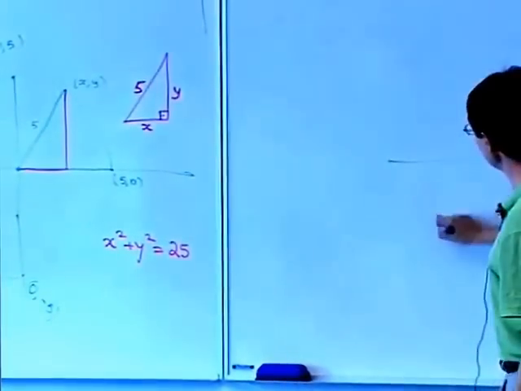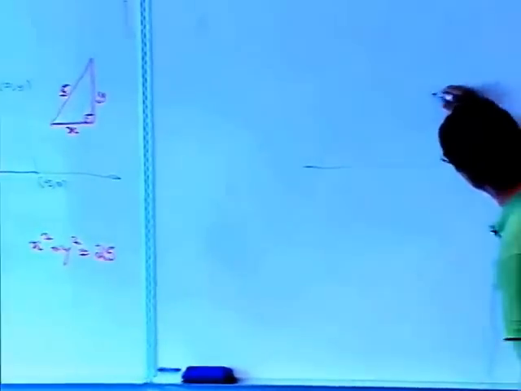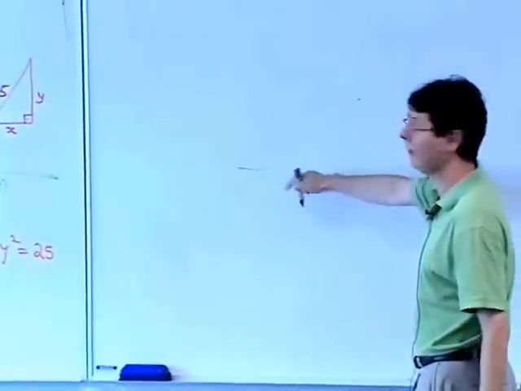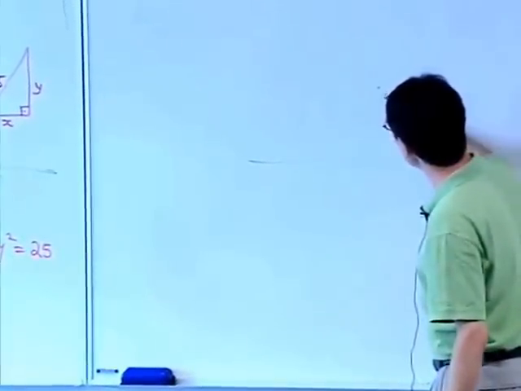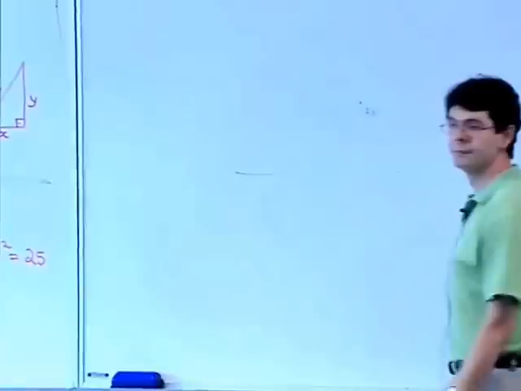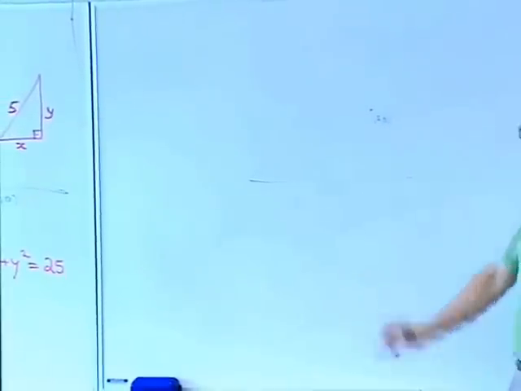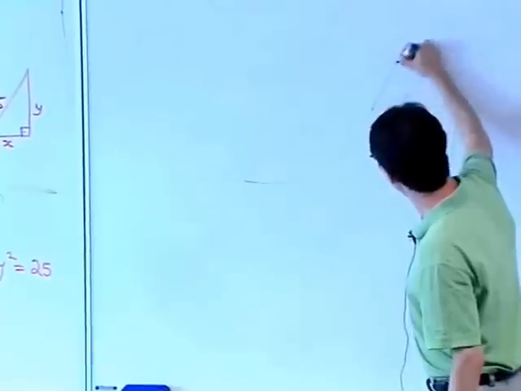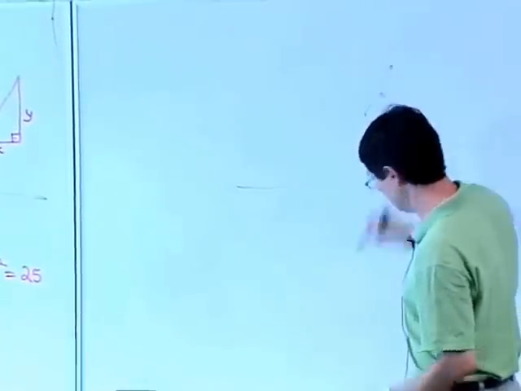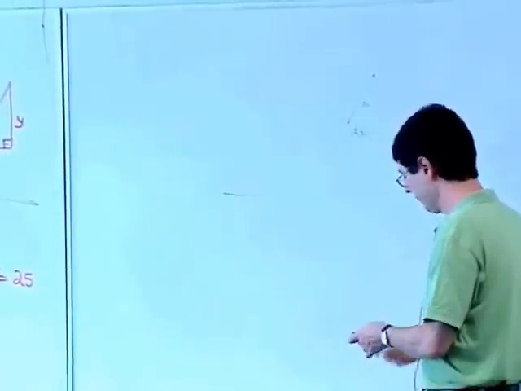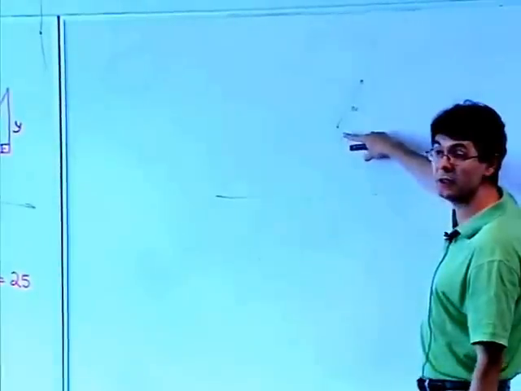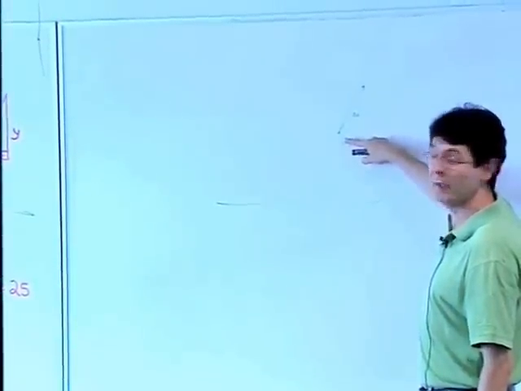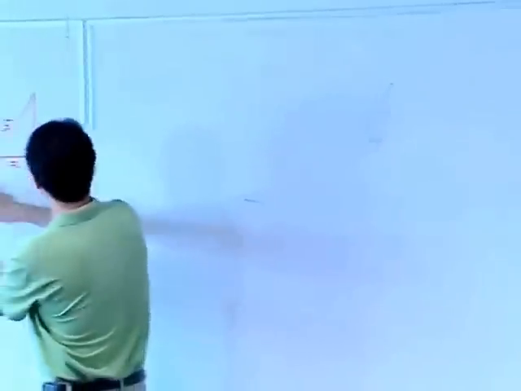What happens if you put the center not at the origin where it was, but here at a, b? And what happens if the radius is not 5, but r? I'll tell you what happens. You have to pretend that a, b is the center. And you put this picture, but over there.